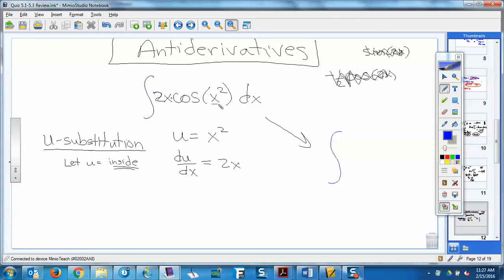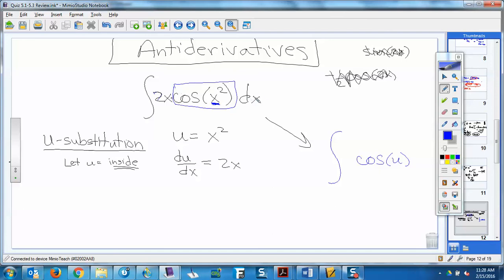So, right there, what can I put in place of the x squared? U, right? Now, I still have the cosine, right? So I have cosine u, right? So that I've substituted out right there. That has been substituted out and replaced with a cosine u.